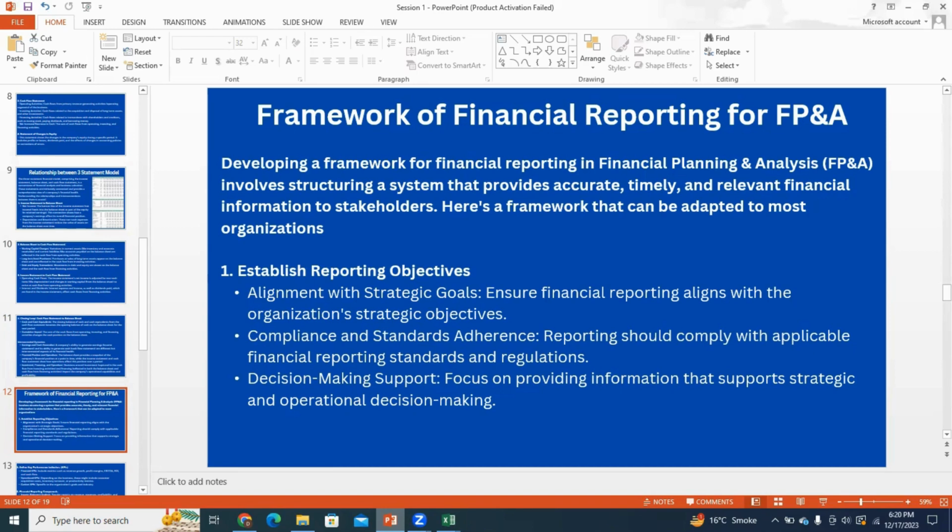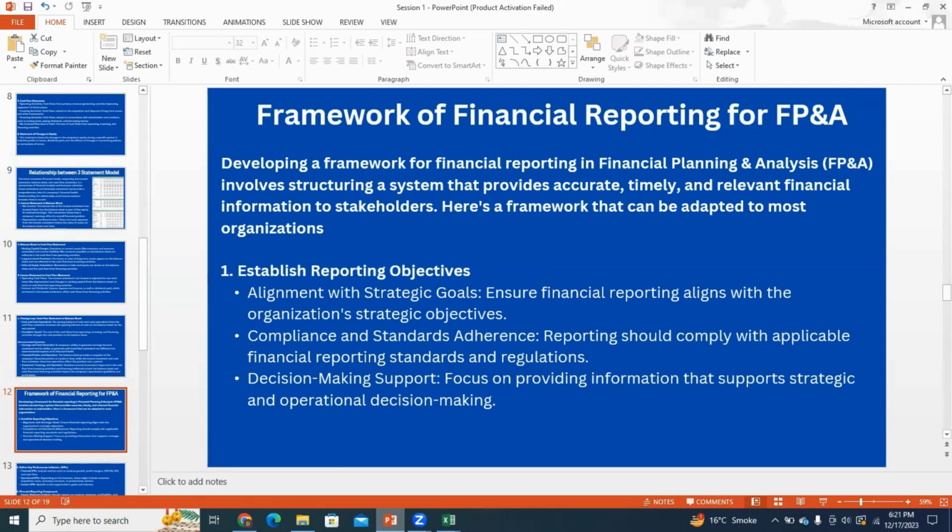It says developing a framework for financial reporting and financial planning and analysis involves structuring a system that provides accurate, timely, and relevant financial information to stakeholders. So here it is telling how IAS 1 helps FP&A get structured financial statements. First, we have to establish reporting objectives, in alignment with strategic goals.